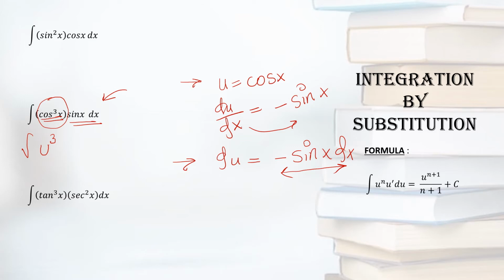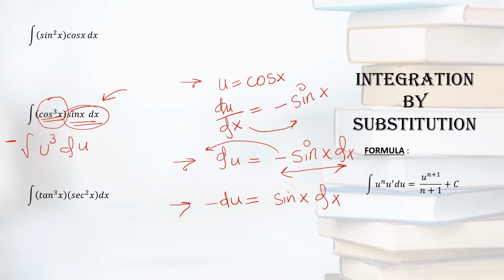It means in the question you don't have the negative. So bring the negative to the other side by dividing both sides by negative 1. You will get negative du equals sine x dx. Now sine x dx will be converted into negative du. Write the negative before the integral sign and du at the end of the integrand.